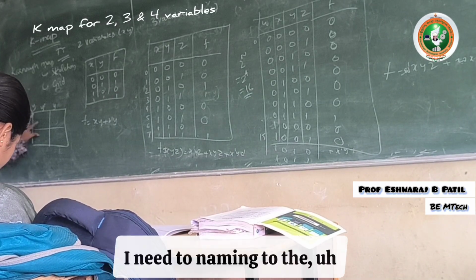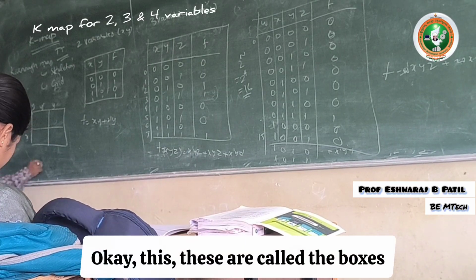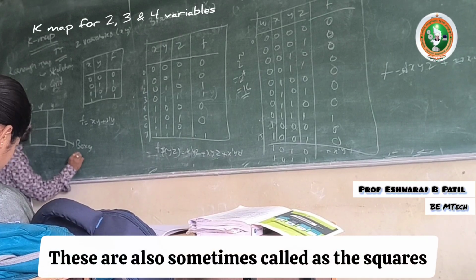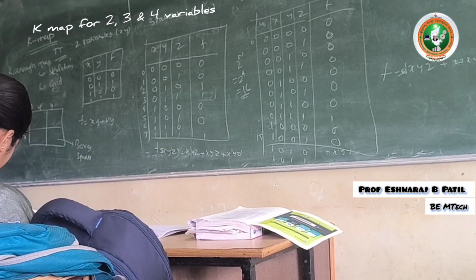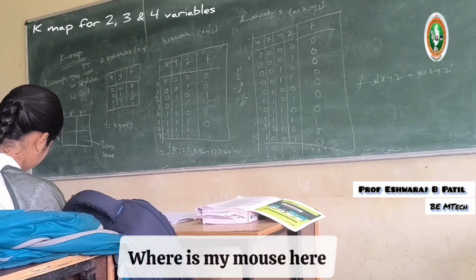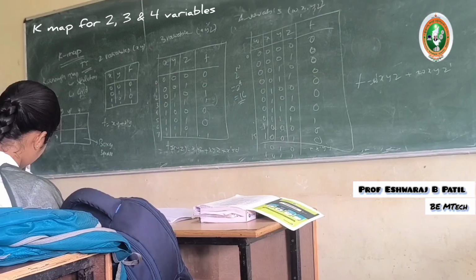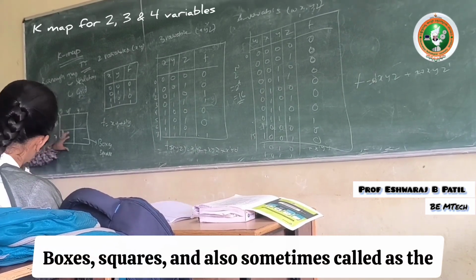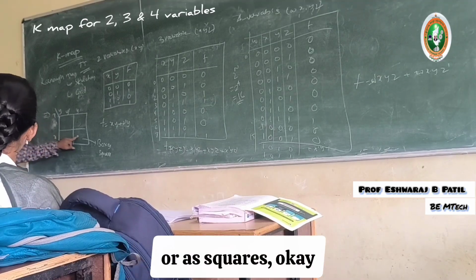I also need to give indexing names to these boxes. These are called boxes, and sometimes also called squares.